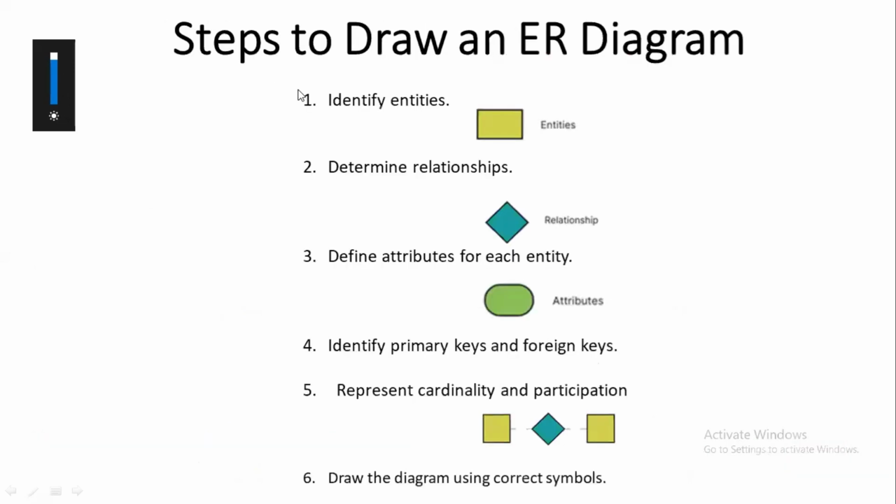So when we come to the step of drawing an ER diagram, firstly, some question papers give some scenario and say, related to this scenario, draw the ER diagram. Firstly, you want to identify the entities. When you create an ER diagram, the first step is to identify all entities within the system. An entity represents a real-world object or concept that holds data in a database.